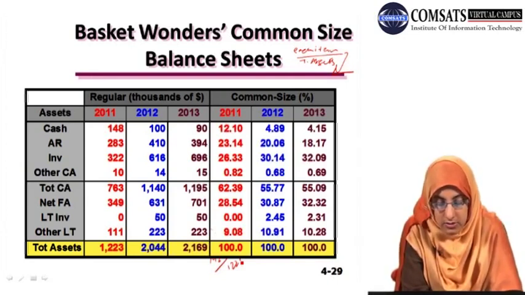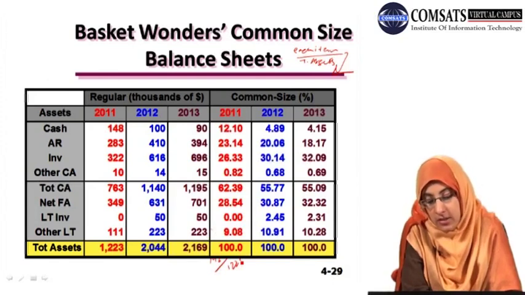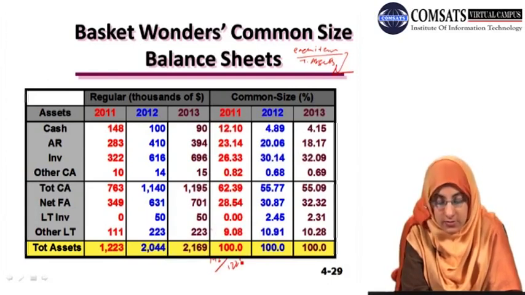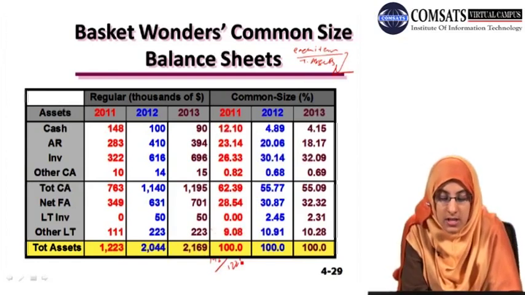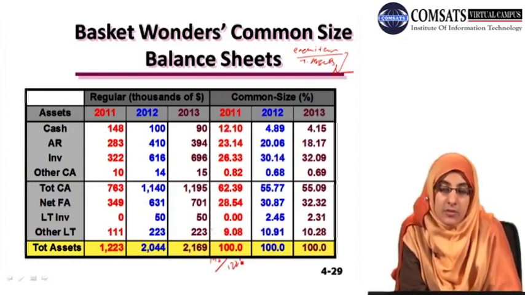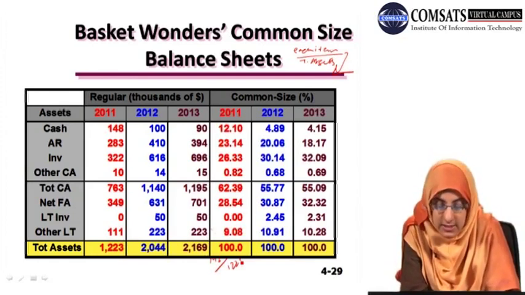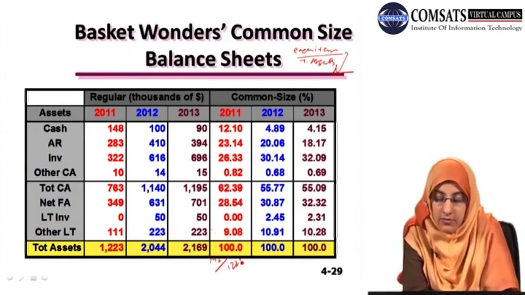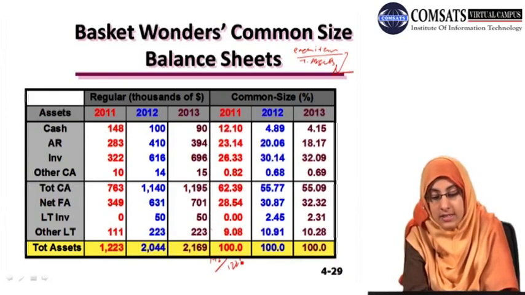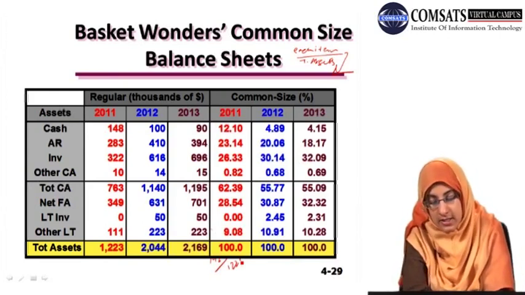For accounts receivable, 394 divided by 2169 would form 18.17. Similarly, if you divide a value of 15 rupees or dollars by your total assets, that is 2169, we find that the value was 0.69 for your common size analysis.